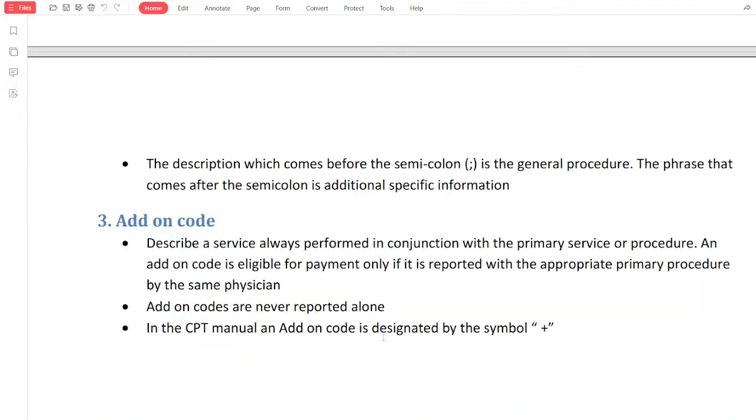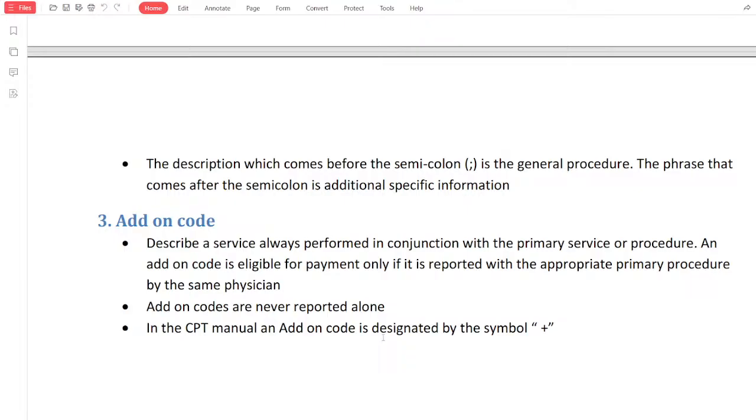And add-on codes. An add-on code is very easy to identify because in front of the code there is a plus symbol. This type of code is called an add-on code. It describes a service always performed in conjunction with the primary service or procedure. An add-on code is eligible for payment only if it is reported with the appropriate primary procedure by the same physician.